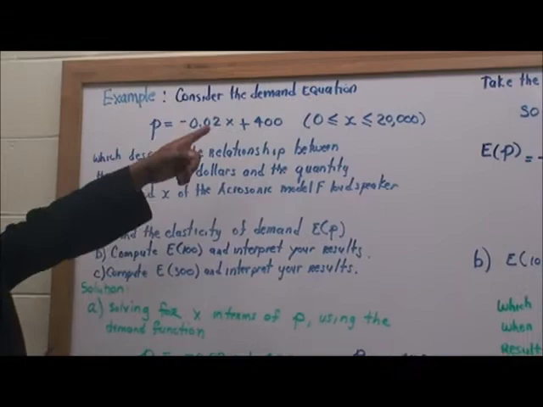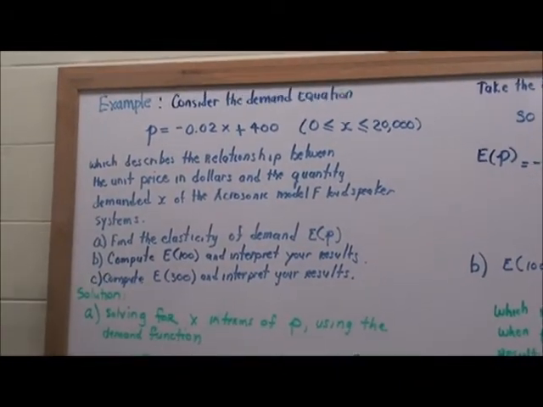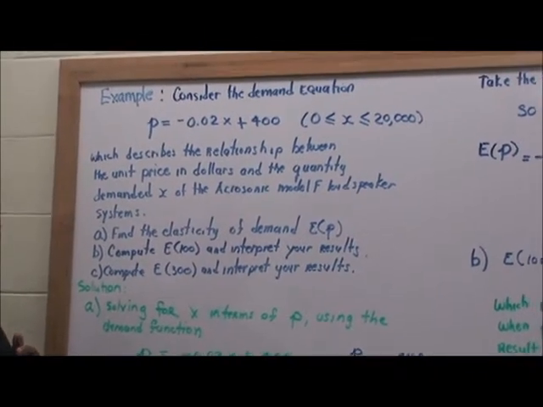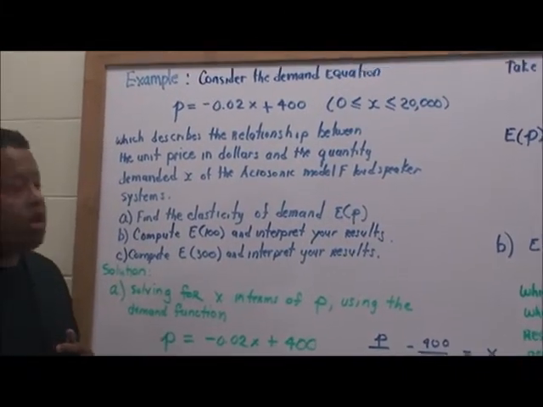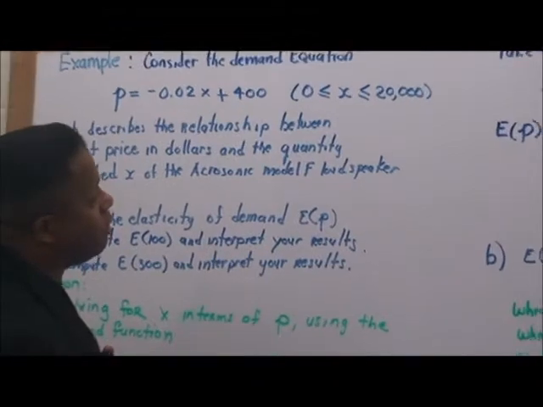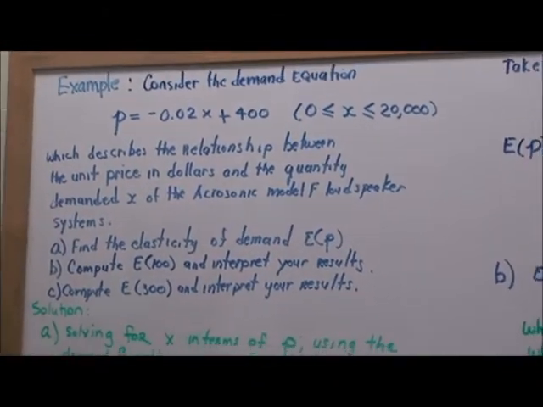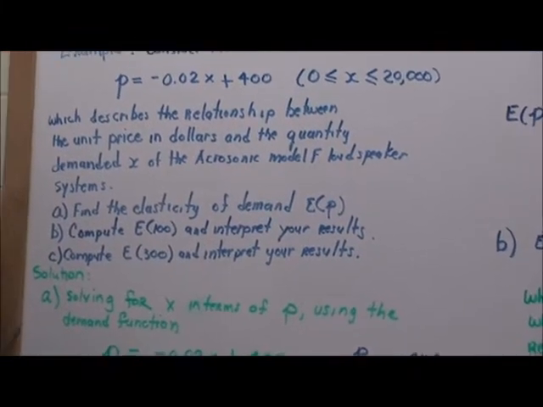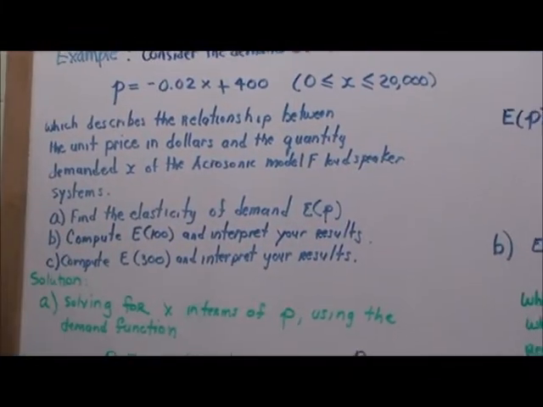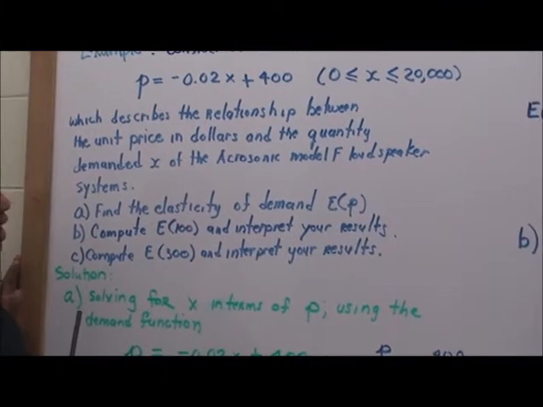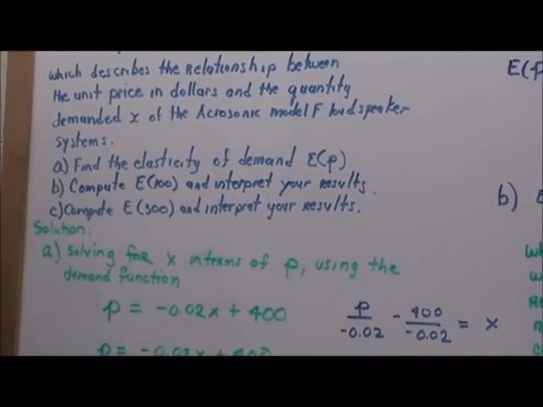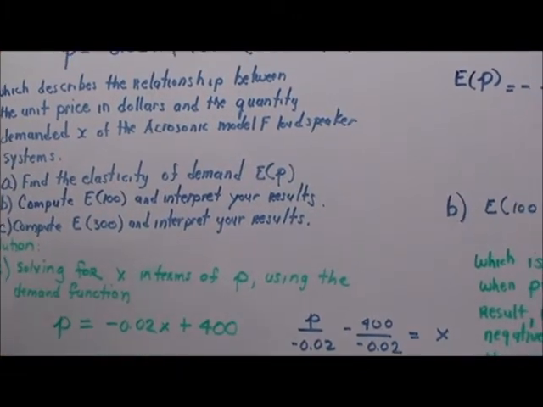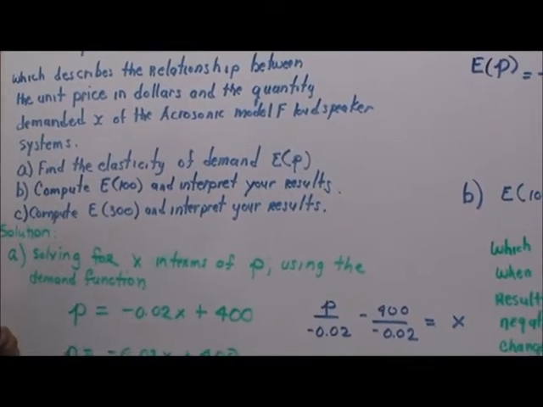So consider the demand equation of this example, where P is equal to negative 0.02x plus 400, in which 0 is less than or equal to x less than or equal to 20,000, which describes the relationship between the unit price in dollars and the quantity demanded x of the Equisonic Model F loudspeaker system. A, let's find the elasticity of demand, E sub P.